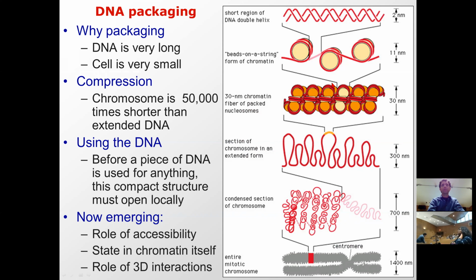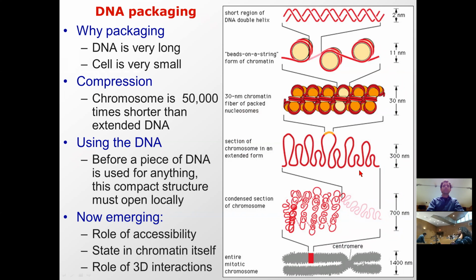This is possible through this 50,000-fold compression that happens through an extreme compaction of looping the DNA around these histone proteins, which form octamers known as nucleosomes that DNA is wrapped around. And then these are compacted into higher order structures, eventually leading to the chromosomes that we know and love.